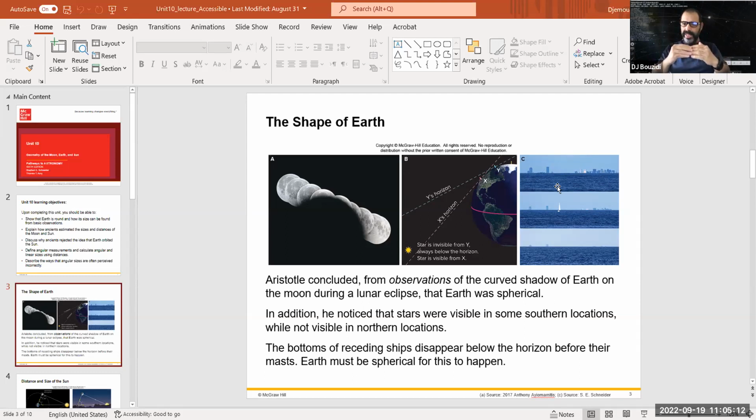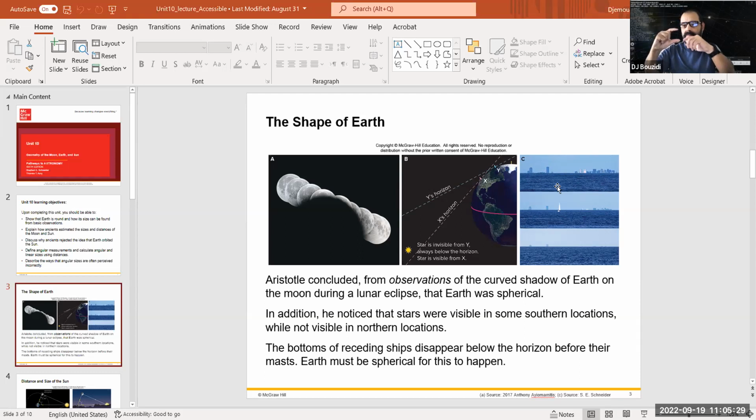If the Earth were flat, the ship should shrink in size but retain its shape. In other words, you would see the bottom and the top together until it goes into infinity, until you cannot see it anymore.